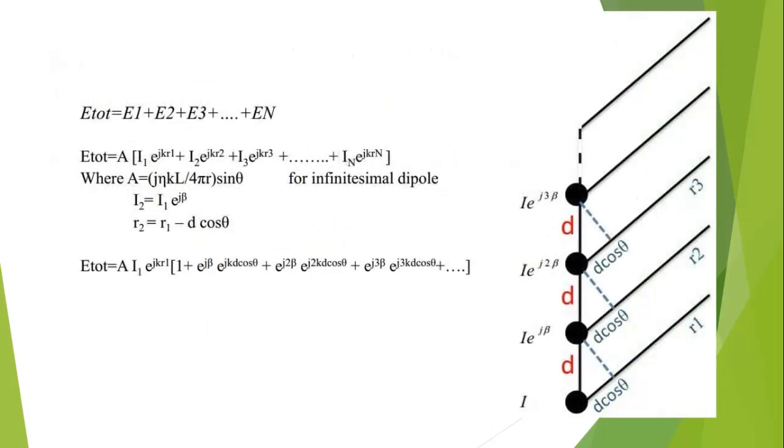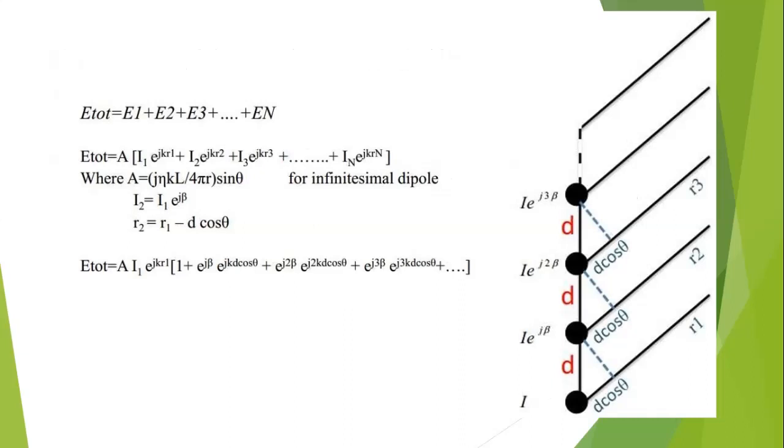E total equals A into I1 e to the power of j kr1 plus I2 e to the power of j kr2 plus I3 into e to the power of j kr3 plus so on plus In e to the power of j krn, where A equals j eta kl by 4 pi r sin theta for an infinitesimal dipole. I2 equals I1 into e to the power of j beta. r2 equals r1 minus d cos theta.